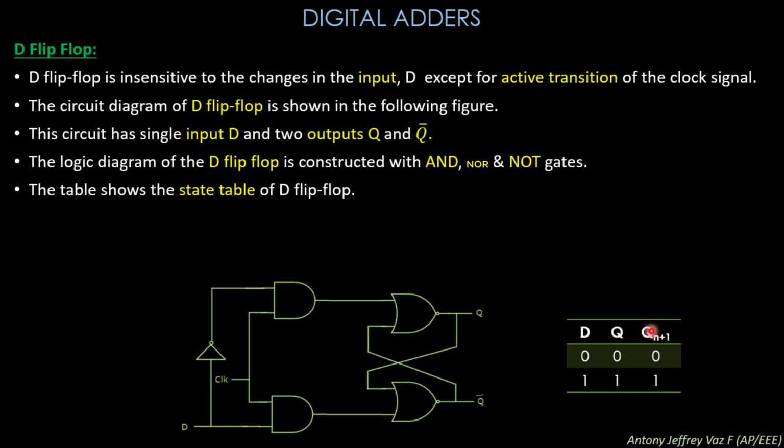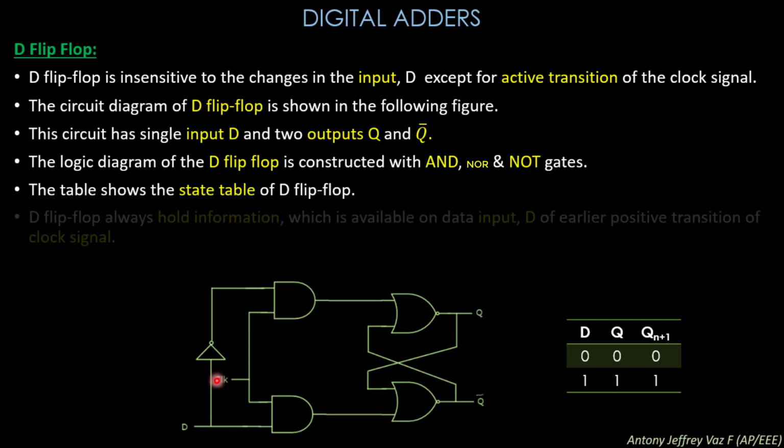In the D flip-flop you may see the output of the next stage is the same as that of D. So if you feed the value in D, the same value is going to be output in the next state. So D flip-flops can be used as a buffer when the clock signal is also provided.